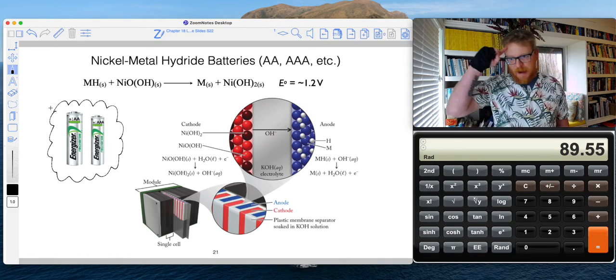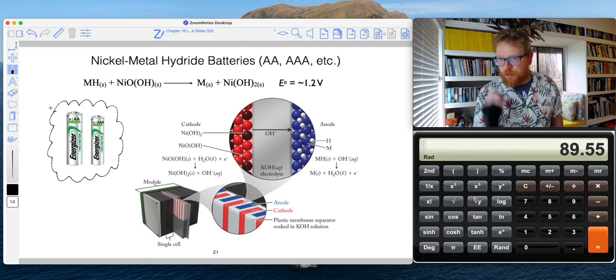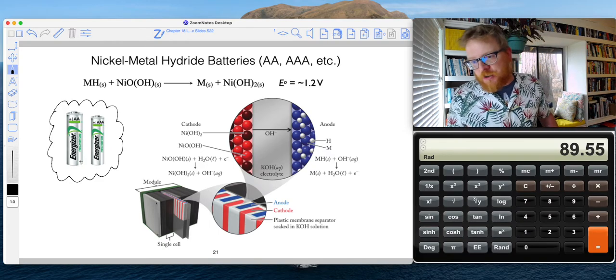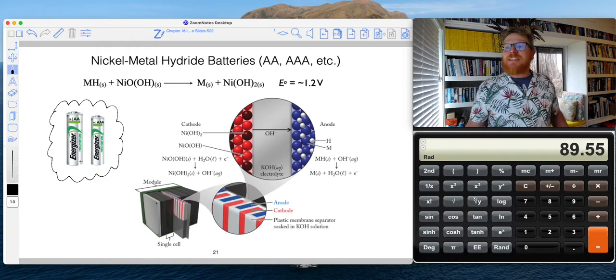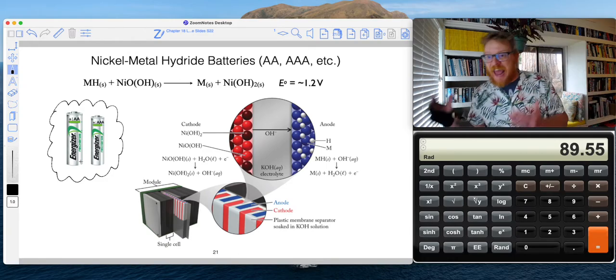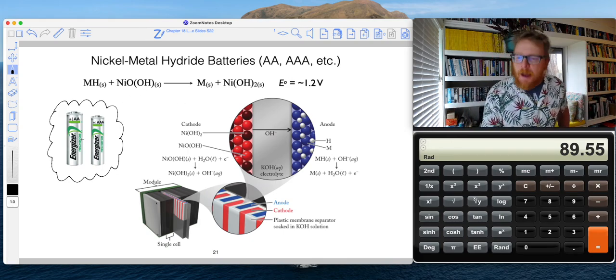So this is my PSA announcement: switch over to rechargeable batteries. You will thank me, even if you only get like 10 recharges out of them, let's say. You're saving 10 times the amount of money you would if you had to buy 10 rounds of non-rechargeable batteries. So these are absolutely worth it.